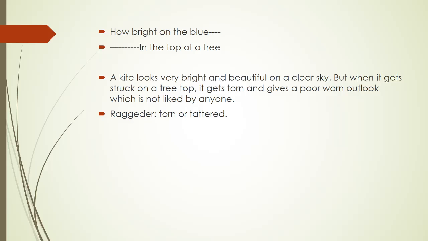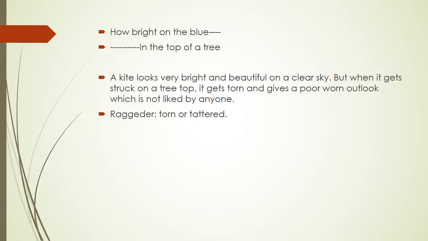Then the time comes when it starts moving down, so the flyer has to roll the extra thread. And last but not least, with the continuous movement of the kite, the body of the kite wears off, which means it starts breaking off and gets torn. Slowly, when the body wears off, it starts moving downward because there is no way that it can move ahead. So it falls, and it falls on the tree.